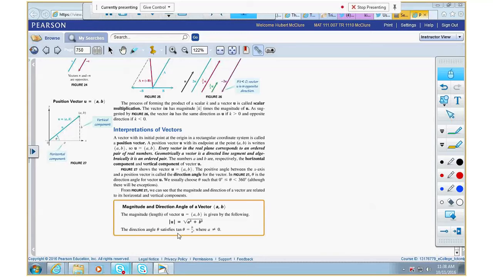And you can also say that the tangent of theta is equal to b over a, opposite over adjacent. But that depends on where your little man is. Everybody got that?